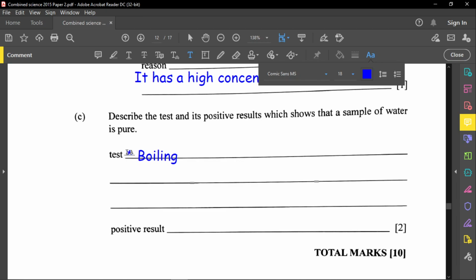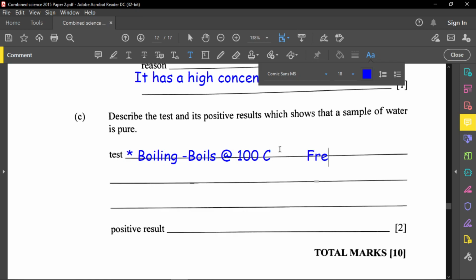Let me separate them. If you boil it, then the positive result is that if it's pure, it will boil at 100 degrees Celsius. And you can freeze it as well.